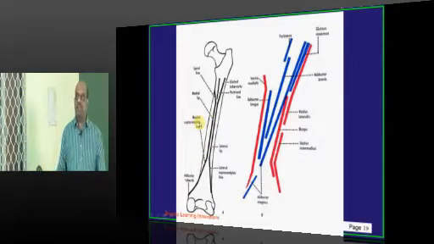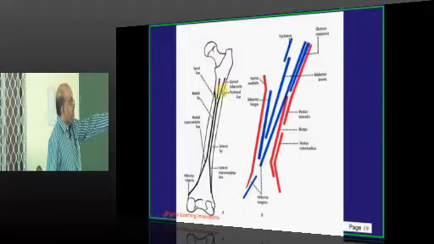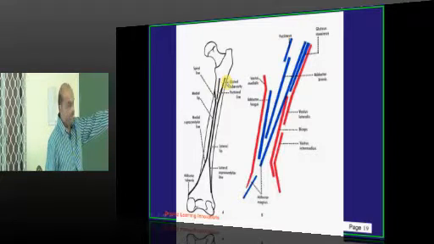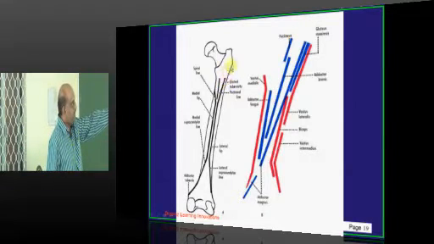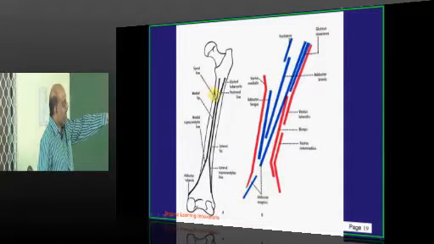Now this gives a typical picture, unforgettable. We have an area where you have the greater trochanter. Then we have one pectineal line in the middle. Then we have one spiral line.